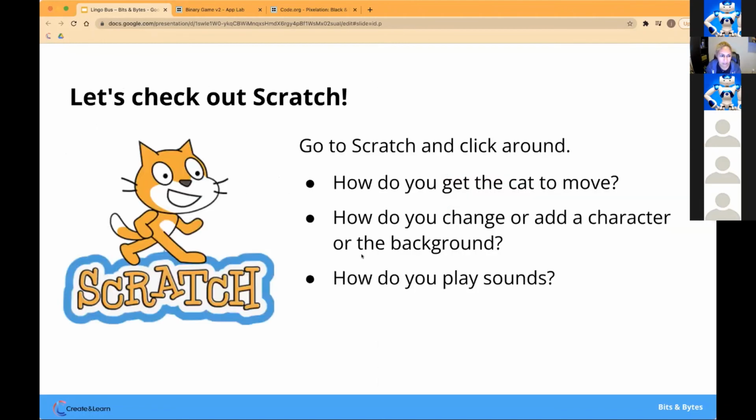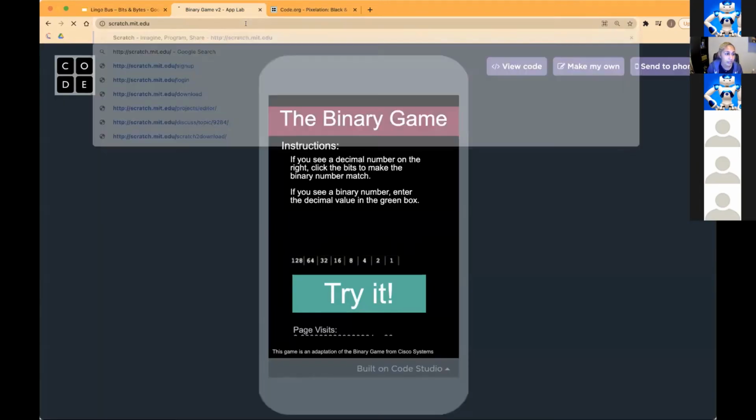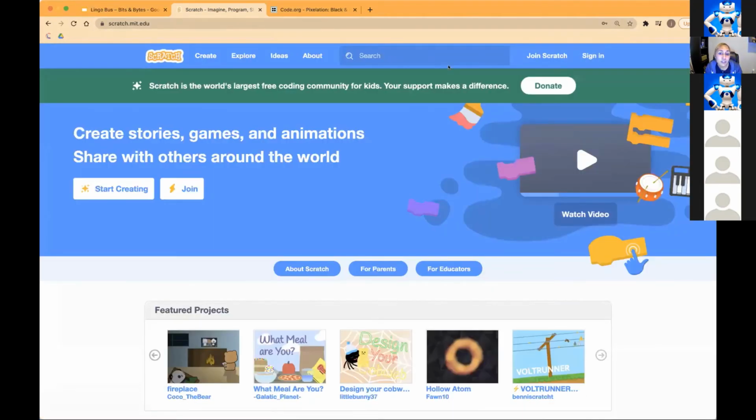So we'll skip this video for now and actually just go straight into playing around with Scratch. If you've never been on Scratch before, I just put the link in the chat. It's going to take you here. So just watch me first, and then I'll give you a second to try what I show you.